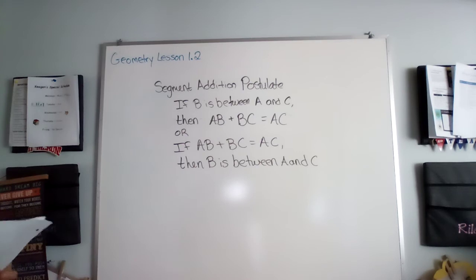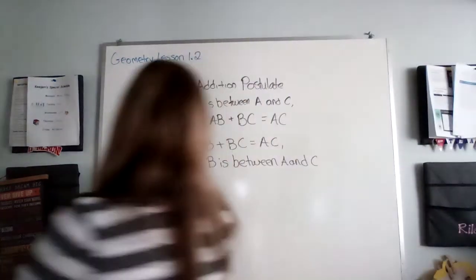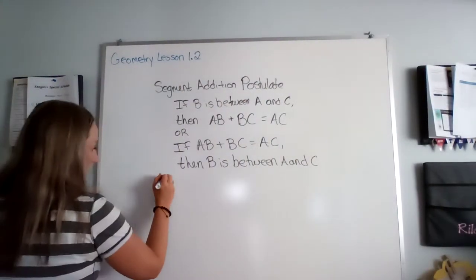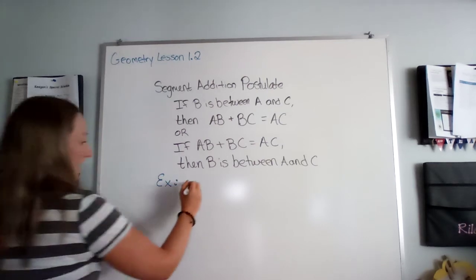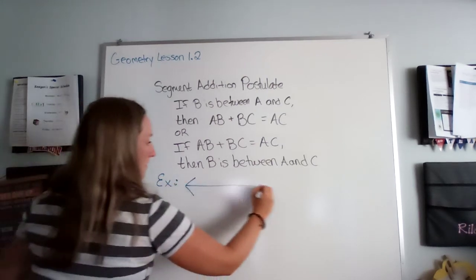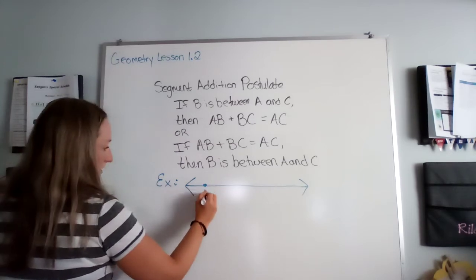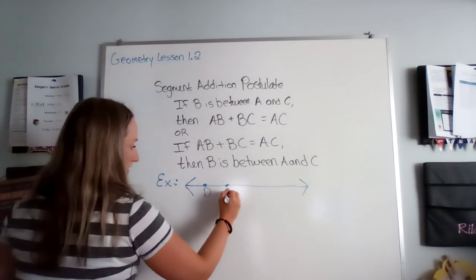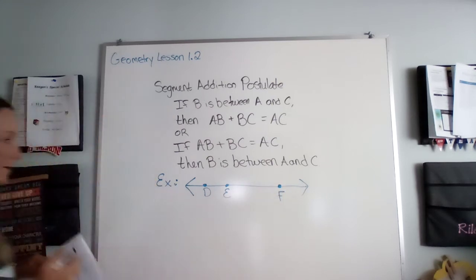Okay, so let me show you an example. I'm going to use different letters instead of A, B, and C for our example, but the concept is still the same. All right, so if I have a line, and I'll use points D, E, and F. Okay.